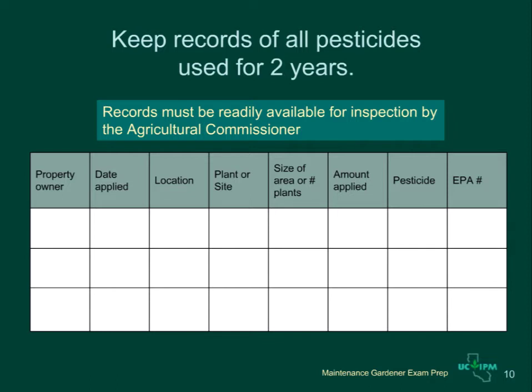The information you keep on these records is more detailed and specific than the monthly reports that you file with the commissioner. Records must include property owner, date applied, location, plant or site treated, the size of the area or the number of plants treated, the amount applied, the name of the pesticide, and the EPA registration number for the pesticide.